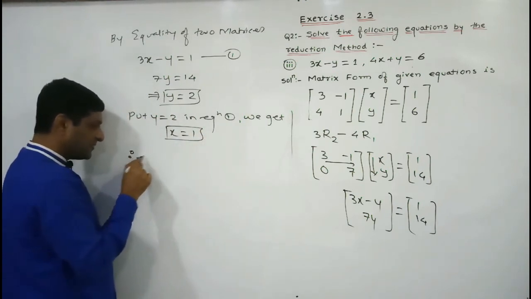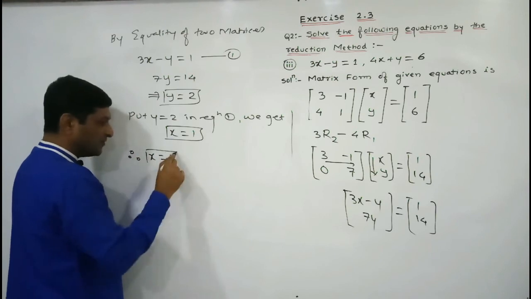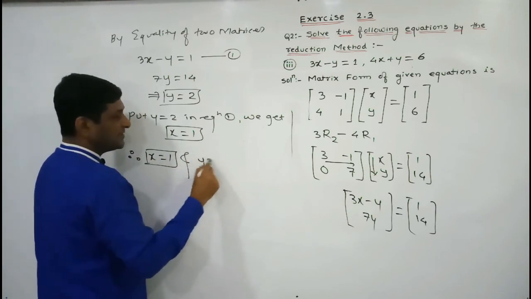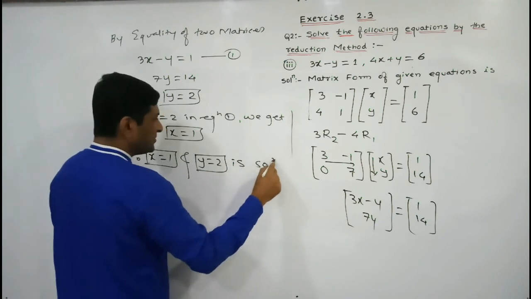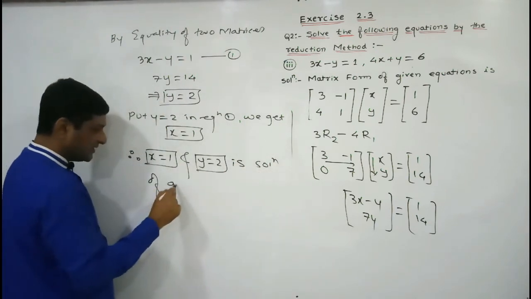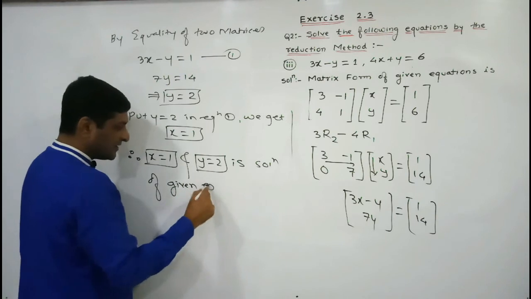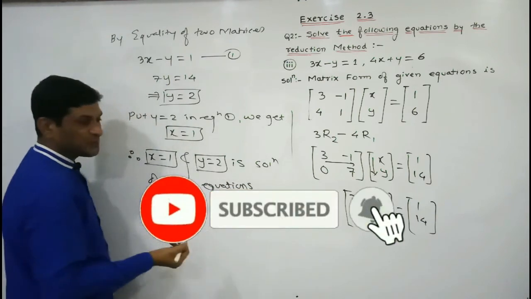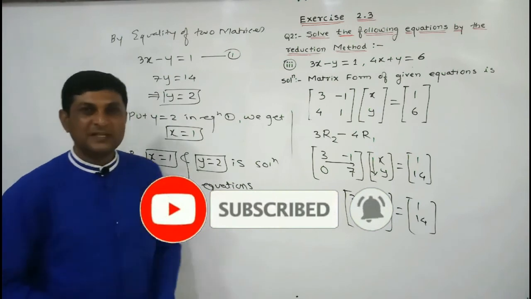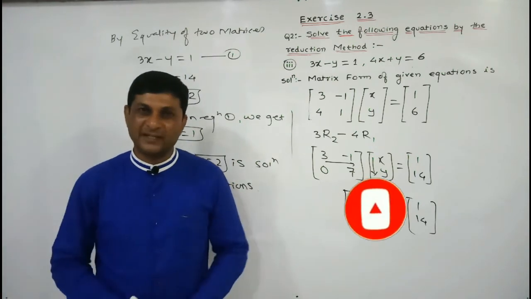Therefore we can say that x is equal to 1 and y is equal to 2 is the solution of the given equations. In this way we have solved the given equations applying the reduction method.